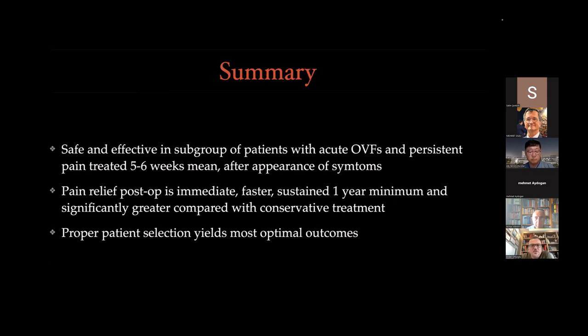What is the summary of vertebral augmentation of osteoporotic fractures? It's safe and effective in a subgroup of patients with acute osteoporotic vertebral fractures. It may be considered if conservative treatment is not successful, at 5 to 6 weeks.